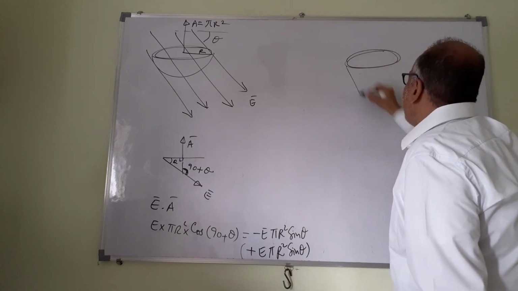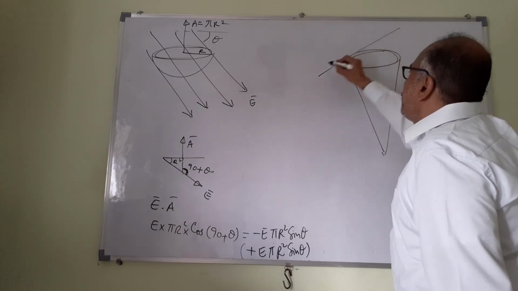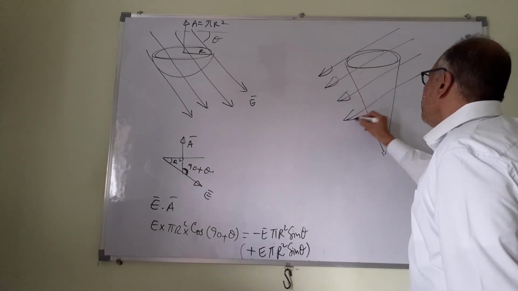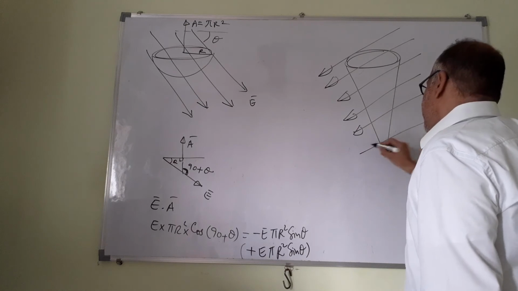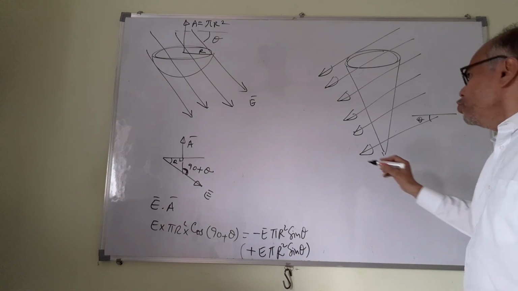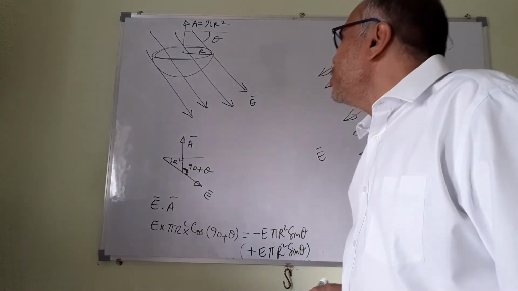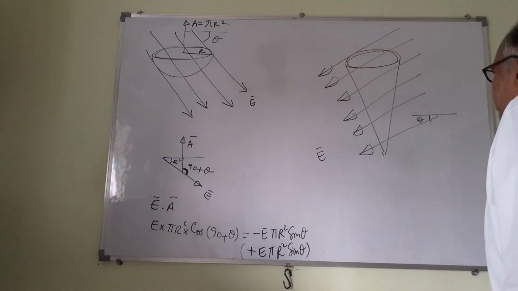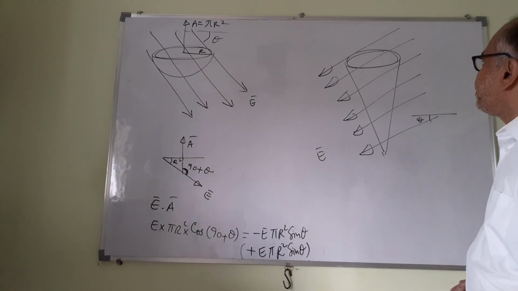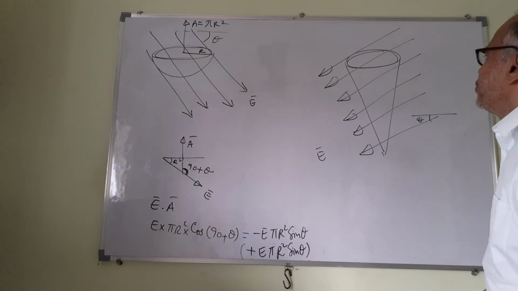This is an open cone, and there is a uniform field. Again, we are showing it like that, and this makes an angle theta with the uniform field. Uniform field means parallel equidistant lines of force. So this is E. We would like to find out the flux through the curved surface area of the cone.